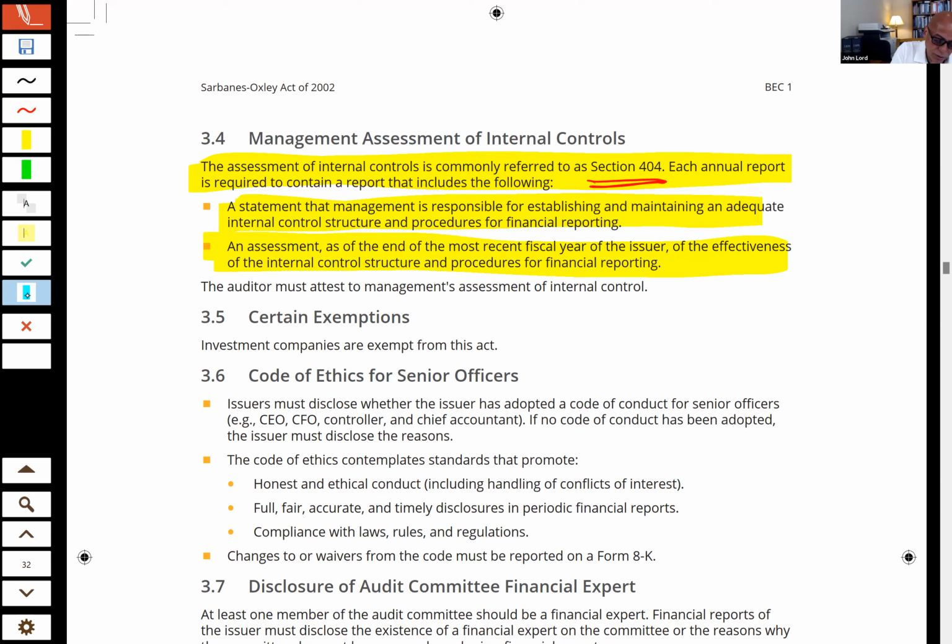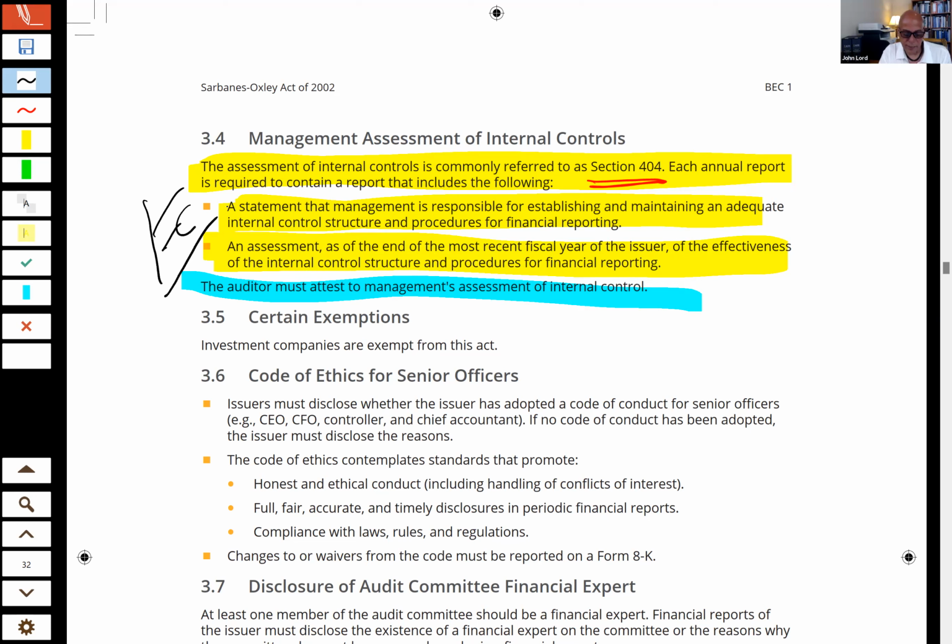And then in turn, the auditor for public companies must attest as to that assertion. So you can go ahead and flashcard all that under Section 404.